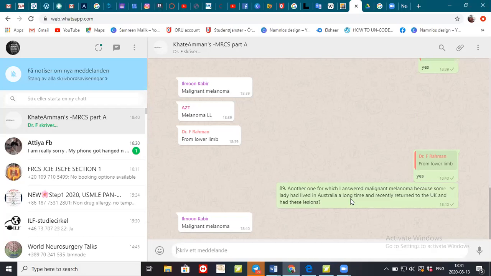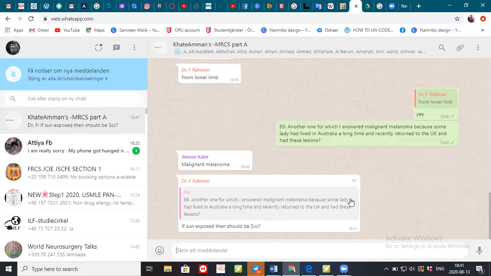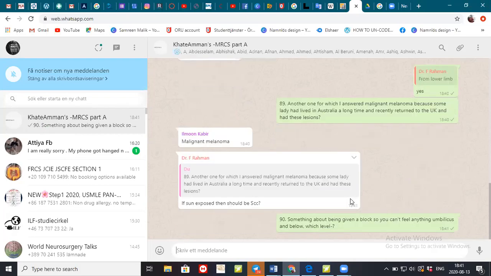I think squamous cell carcinoma would be more common in Australia. We searched it; it could be any cancer, but malignant melanoma is more common because sun exposure and UV radiation are very high in Australia. That's why it could be basal or squamous.